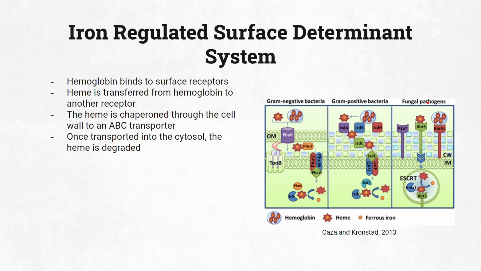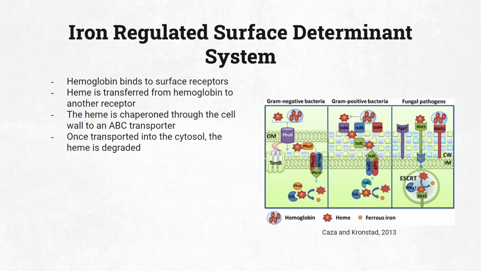We are going to look at the Isd system first. Within gram-positive bacteria, this is similar to the heme binding systems found in gram-negative bacteria. However, in gram-positive, in the Isd system, it takes the whole of the hemoglobin at once. It has no specialized proteins to break off a heme group. It takes all of it at once and binds it to the surface of the cell wall.